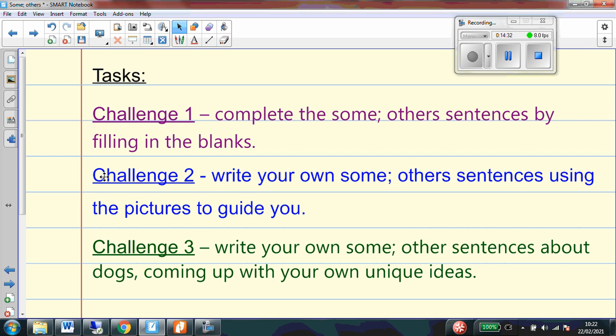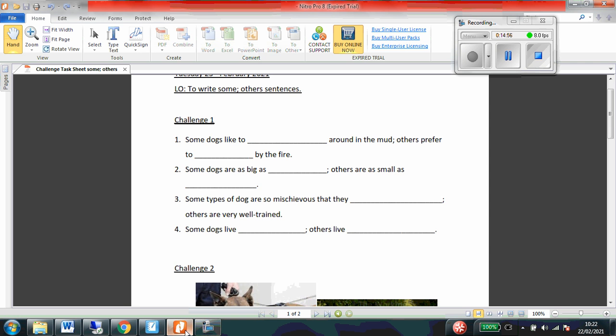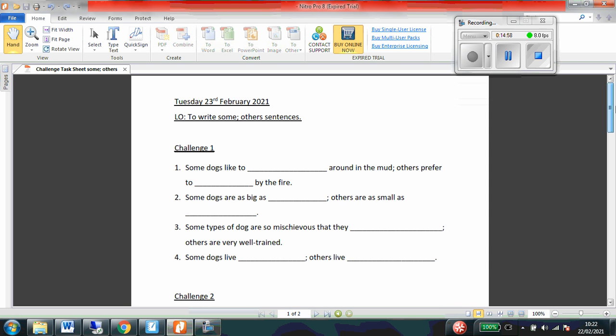Challenge 2 is to write your own some other sentences, and I've put some pictures onto the worksheet to help you. And challenge 3 is to write your own some other sentences, but coming up with your own unique ideas. So using your own ideas rather than the pictures that I have given you. So if we have a look at the worksheet quickly, it looks like this today.